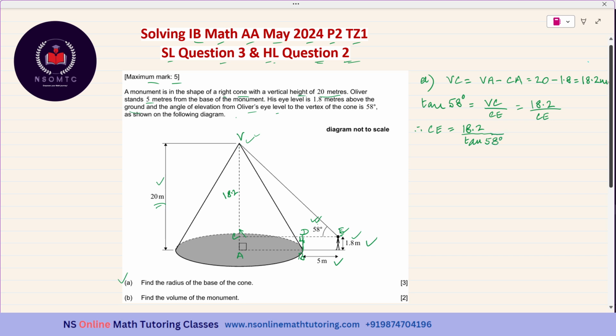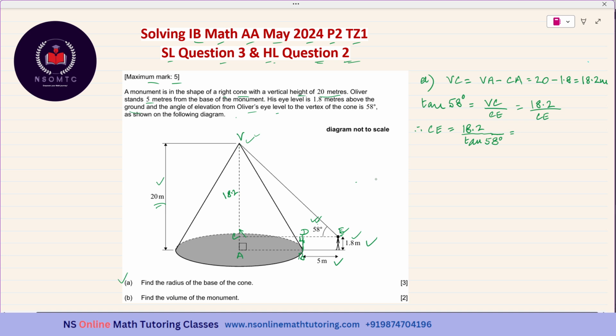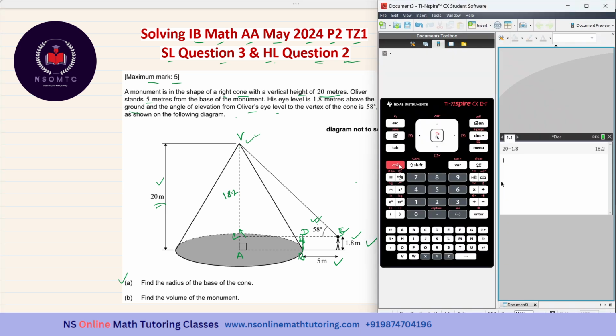Okay, so let us find this. You have to remember that your calculator must be in degrees, because usually it is set to radians. So you change it to degrees first of all. Then it is 18.2 divided by tan 58.